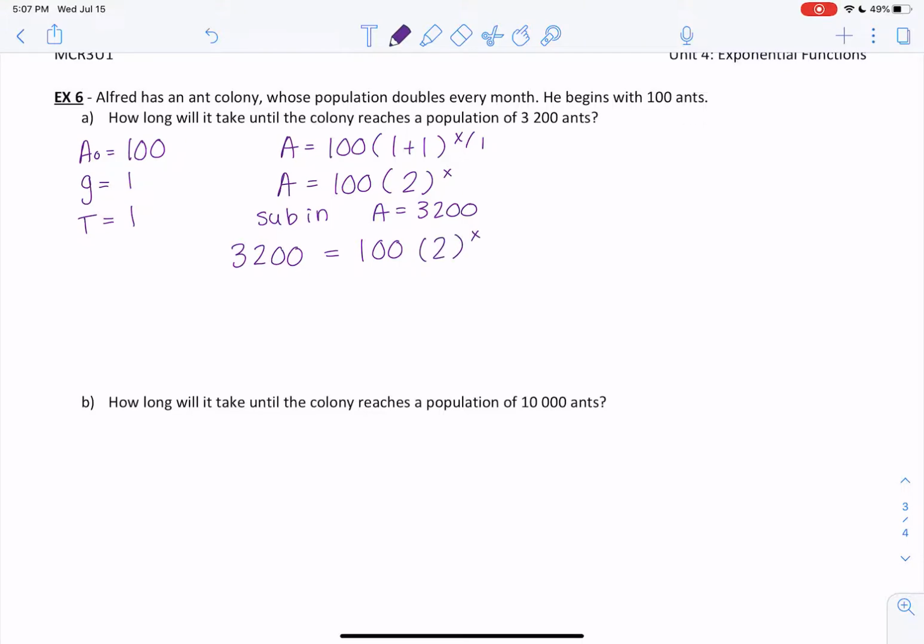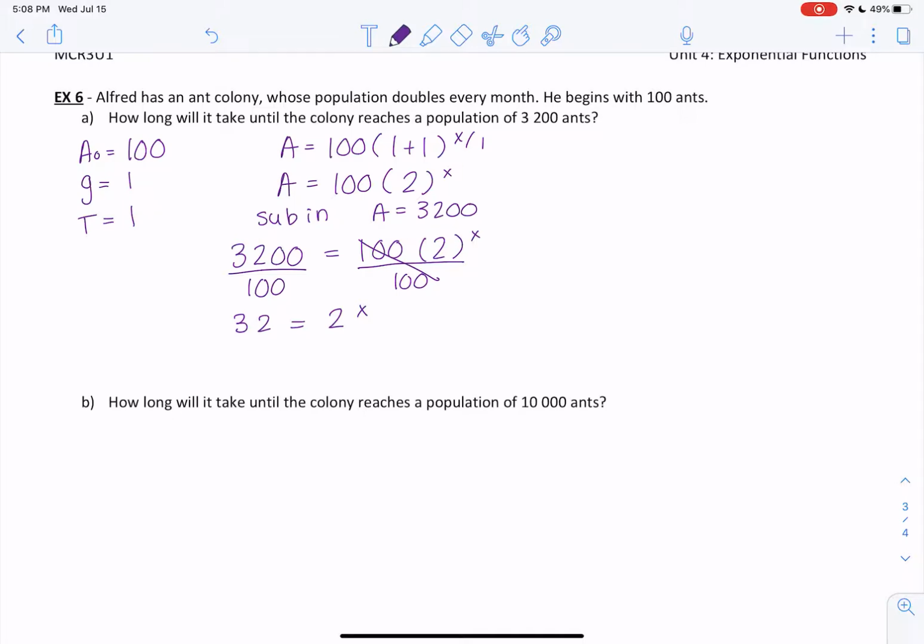So now we want to get that 2 to the x term all by itself. So let's divide both sides by 100. So we'll have 32 equals 2 to the x. Now we need to figure out what x is. And there isn't a particularly nice way to do this. So the best way to go about it is we need to turn 32 into a base of 2.